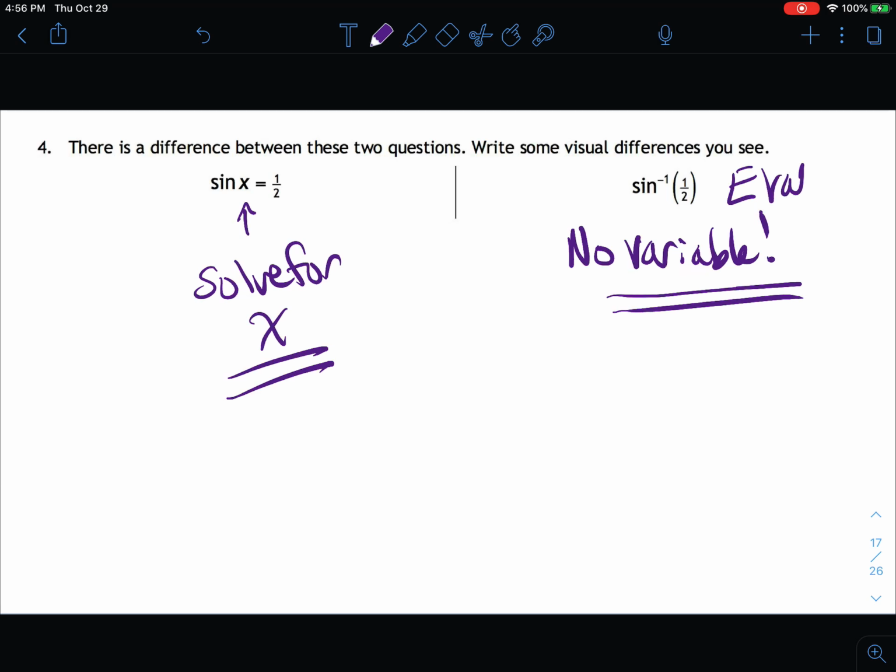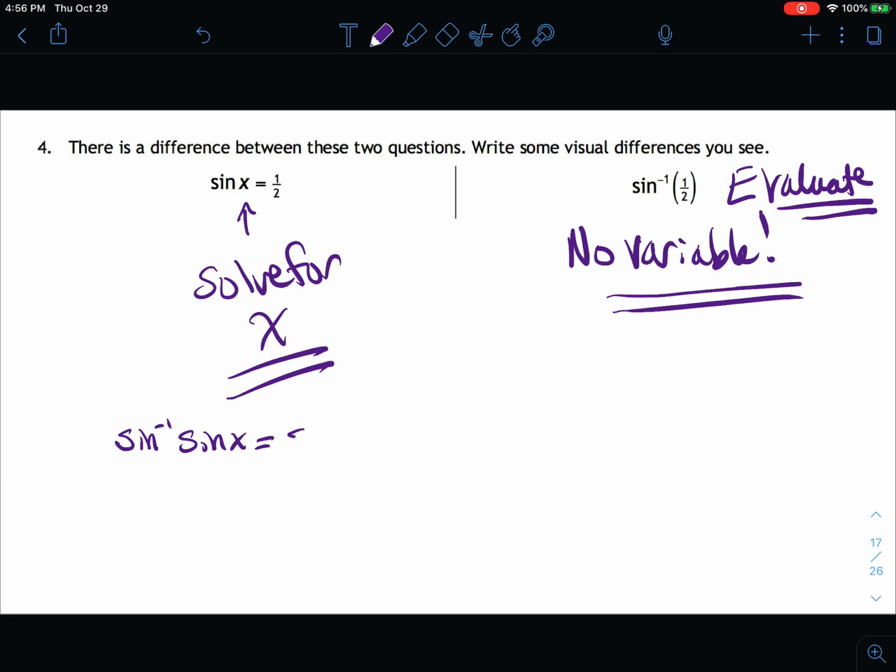This is evaluate. So it's different if you're solving or you're evaluating. This is a huge piece that we need to be very careful with and make sure that we know the difference between those two.